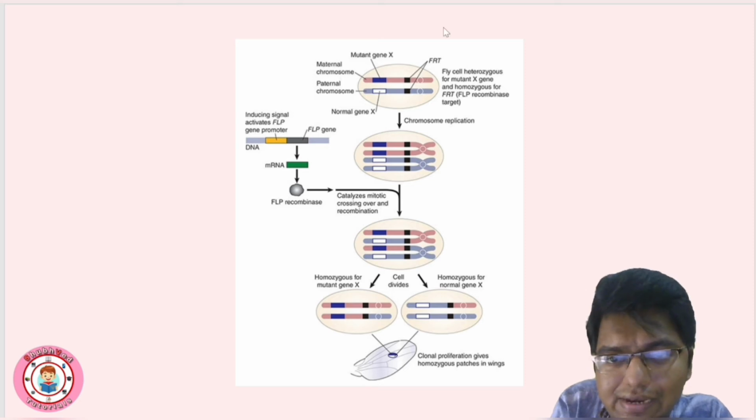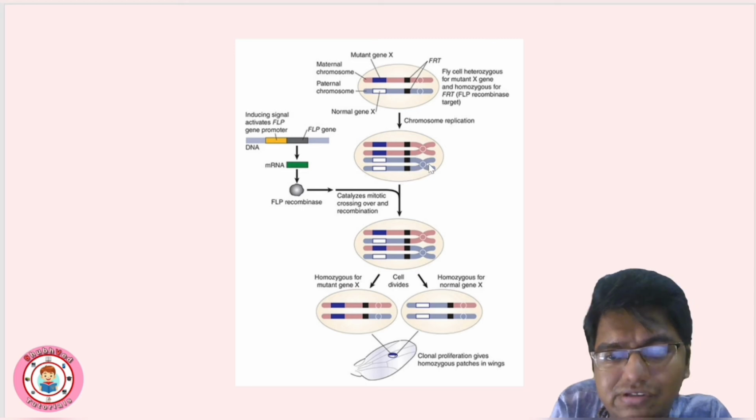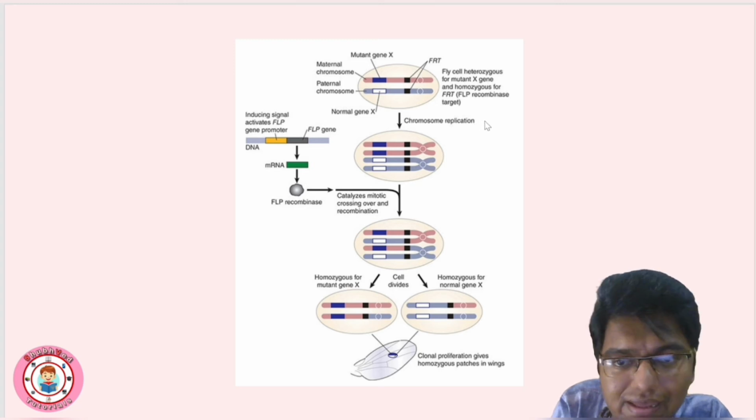As well, this FLP-FRT system is also used in Drosophila, where it does mitotic crossing over and recombination, which gives rise to homozygous mutations and conditional knockouts.